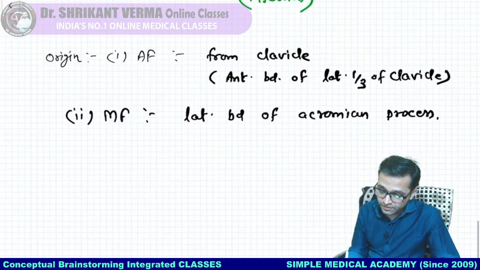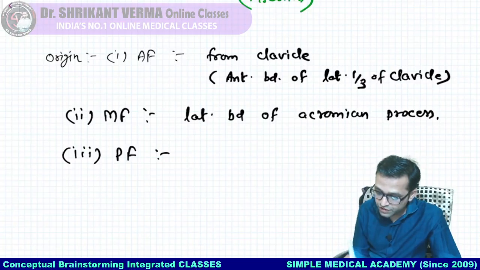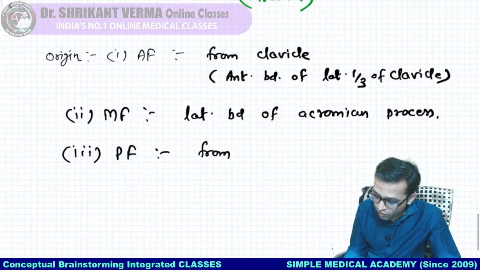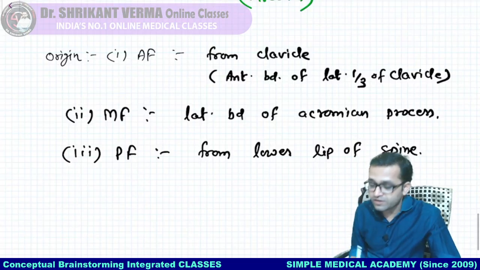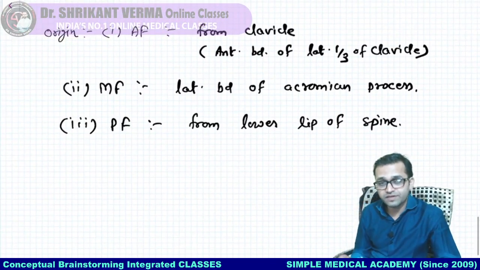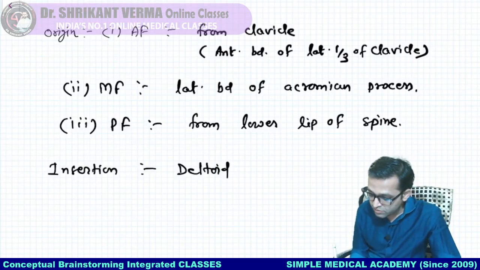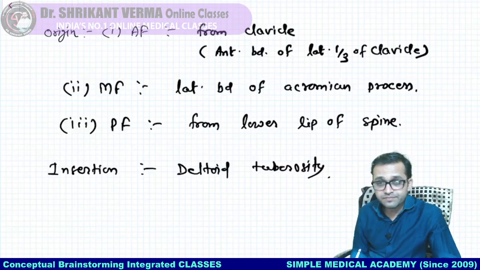Fine sir. Now third, posterior fiber. The posterior fiber takes origin from the lower lip of the spine of the scapula. Definitely insertion is only one line, that is the deltoid tuberosity.